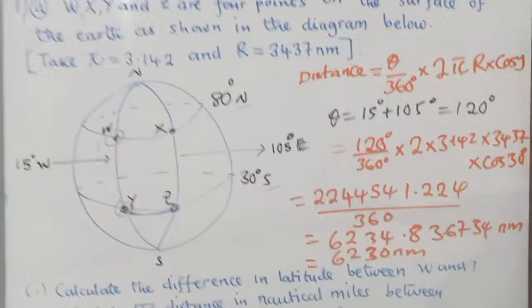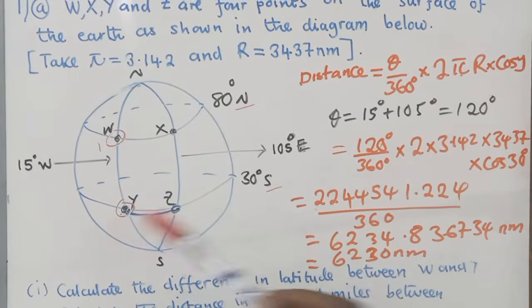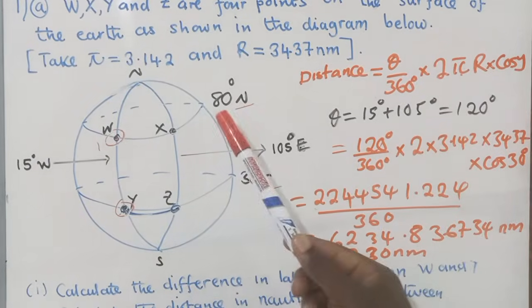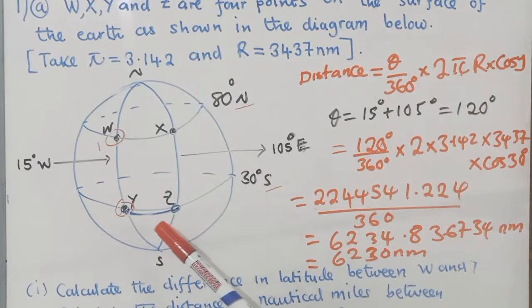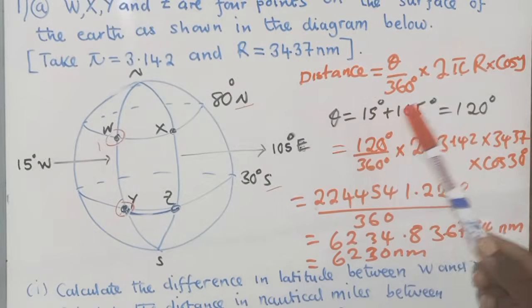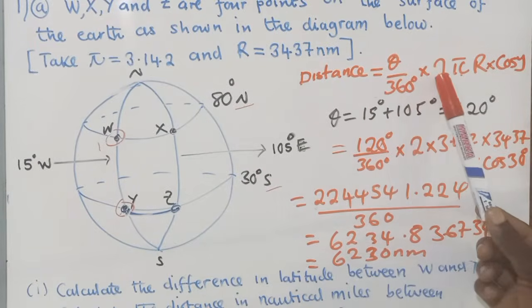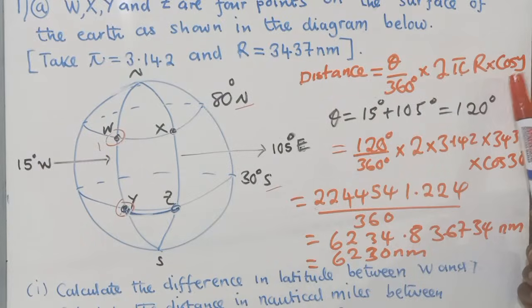But along latitudes, the lines which are coming from your left to your right side are called latitudes. So along latitudes, the formula changes. From here to here is just the same, but you only add cos y. Remember this, cos y.